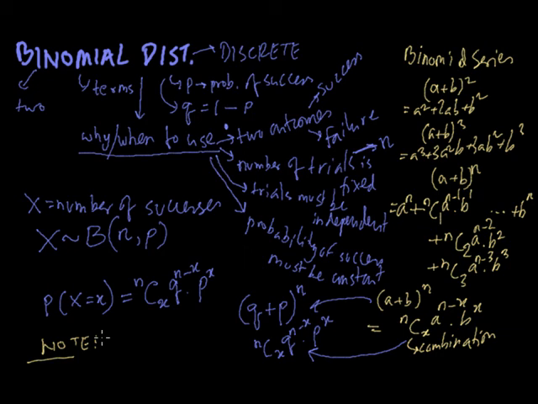In the binomial distribution, the mean, which is the expected value, is given by n multiplied by p, the number of trials multiplied by the probability of success, meaning out of this many times, what is the percentage of being successful.